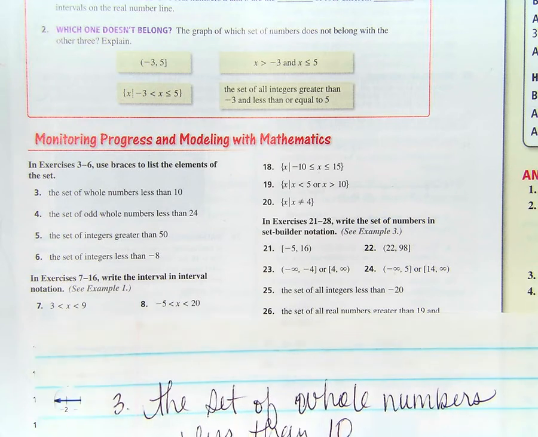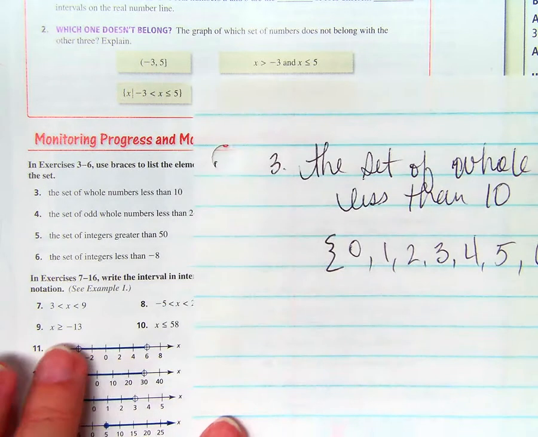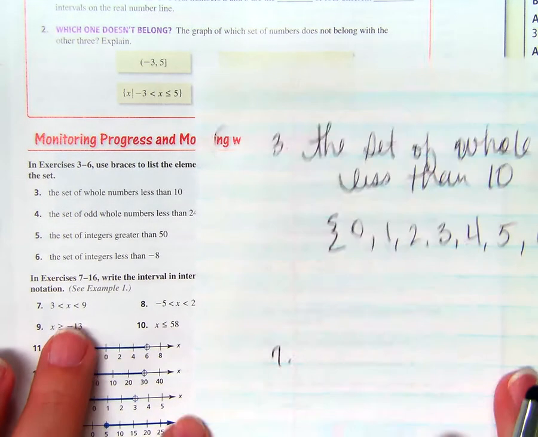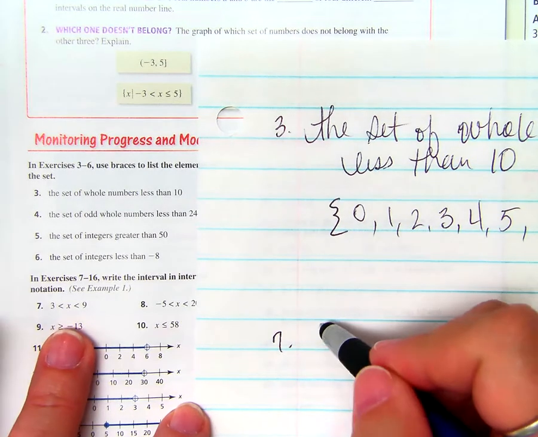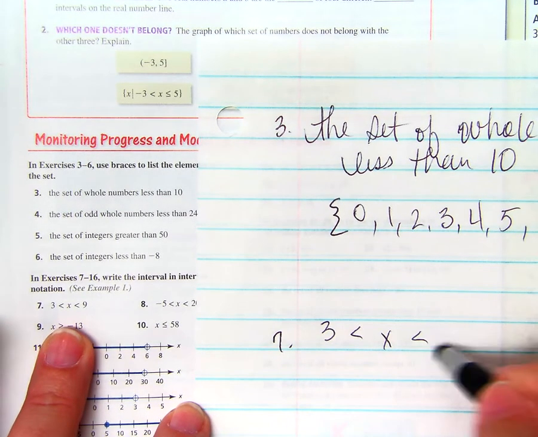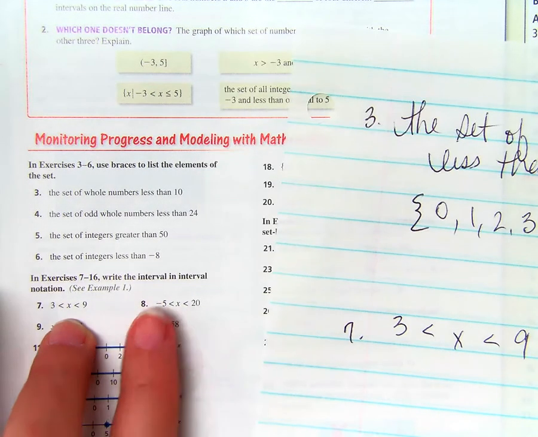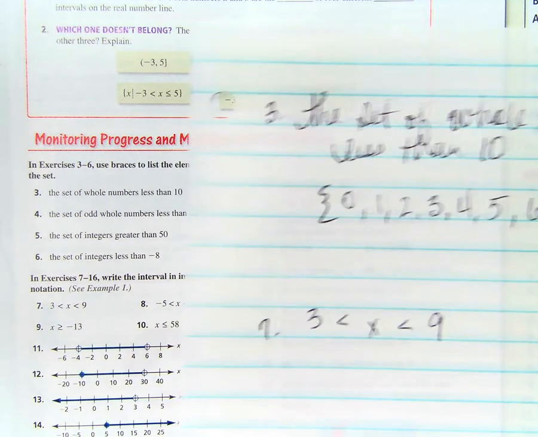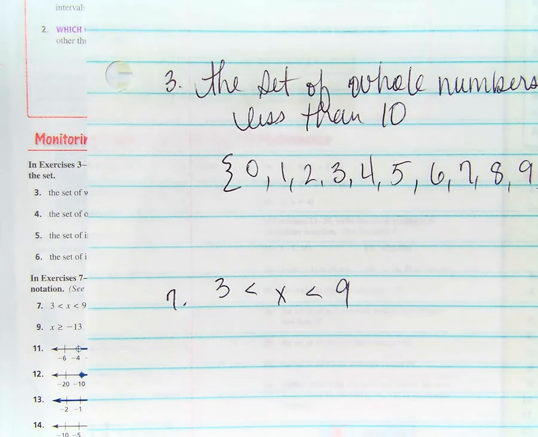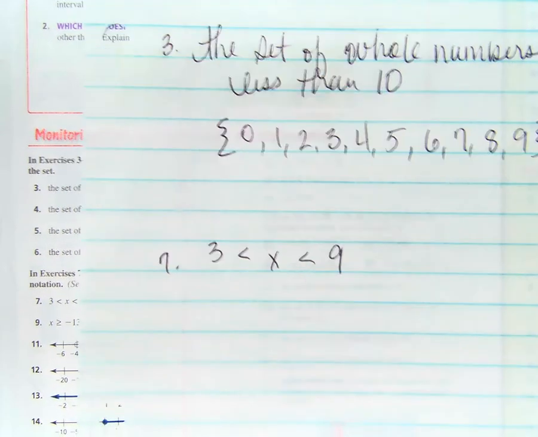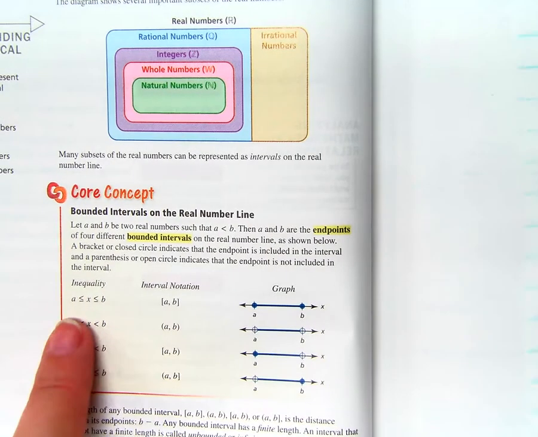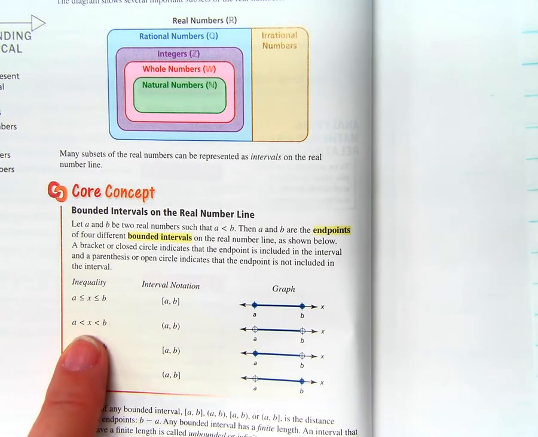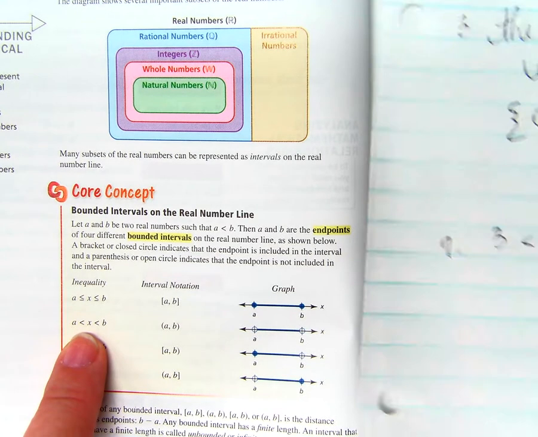What about number 7? If I'm doing number 7 on my paper, I'm going to write 7. I'm going to write 3 is less than X is less than 9. The directions ask me for interval notation. If I struggle with interval notation, I can very easily go back to the core concept page where it gave me an inequality that looks like my problem.